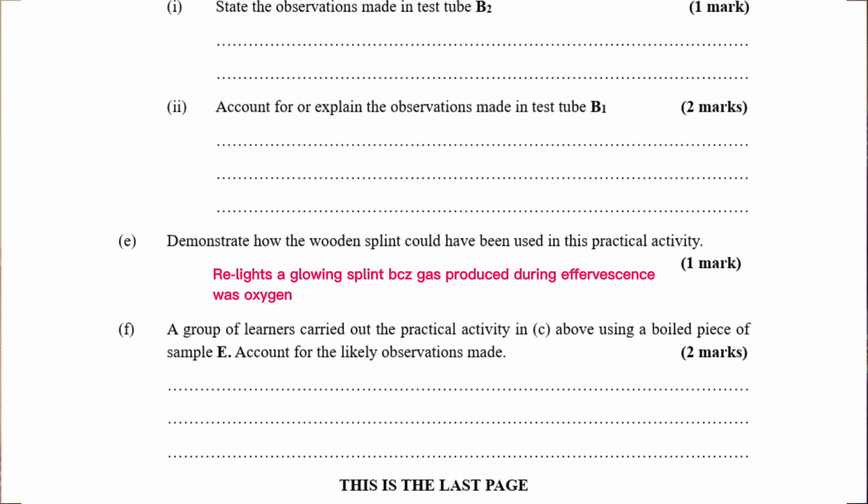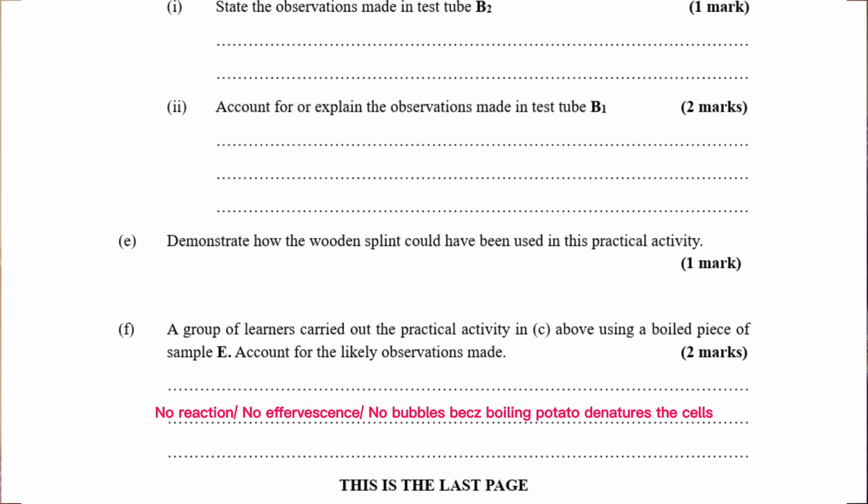F. A group of learners carried out the practical activity in C above using a boiled piece of sample E. Account for the likely observation made. No reaction, no bubbles, no gas, no effervescence. Boiling the sample denatures or kills the enzymes, which would be required to catalyze the reaction.